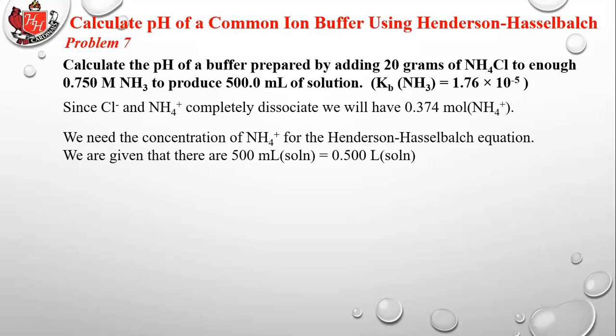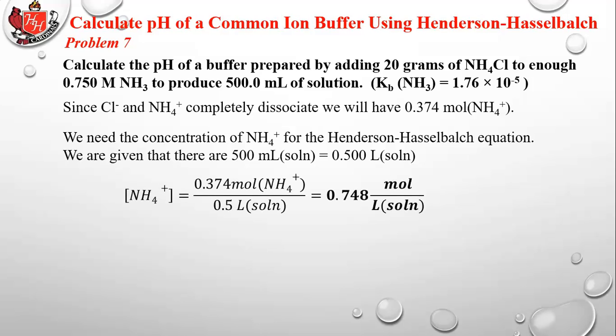We are given that there are 500 milliliters of solution, and again, learn to do this conversion quickly. Slide the decimal 3 places to the left. That's 0.5 liters of solution. Why? Because most measurements in a chemistry lab are done in milliliters, but molarity is in liters. So you're going to have to make that conversion quickly many times when you do this type of chemistry.